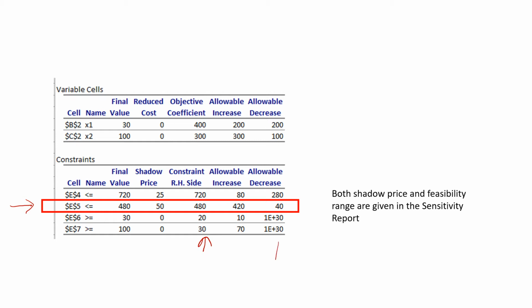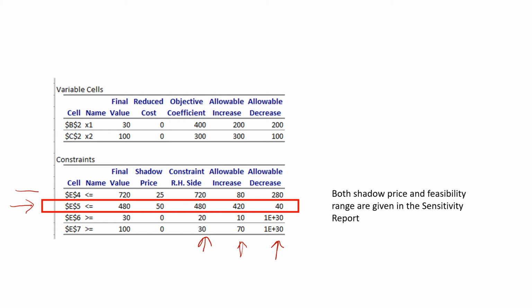So I could decrease my number by 40 and it stays the same. Or I said I could go up to 900 hours and the value of it is still the same. So in other words, I could increase by 420 hours and I still get the same value for that resource. The Excel solver gives you your feasibility range and the shadow price in the sensitivity report.